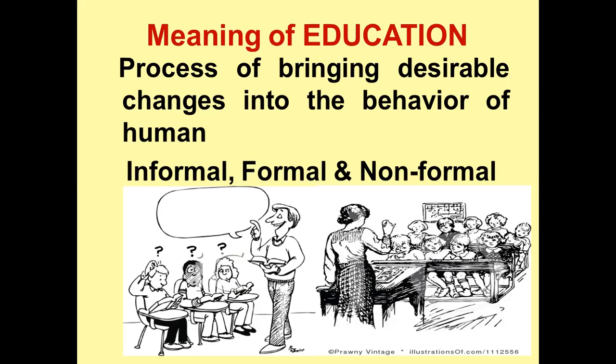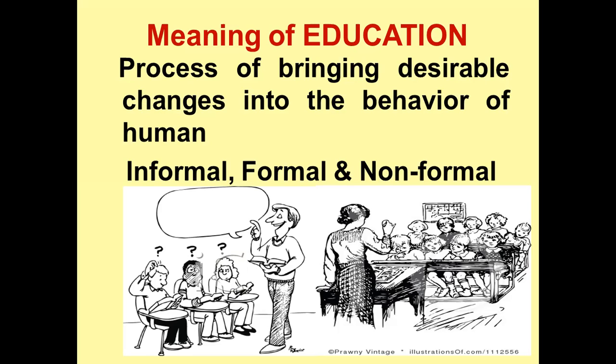And what is non-formal education? We have learned two kinds of education, informal and formal. There is a third kind of education. In this kind, a particular group wants to learn about certain things.